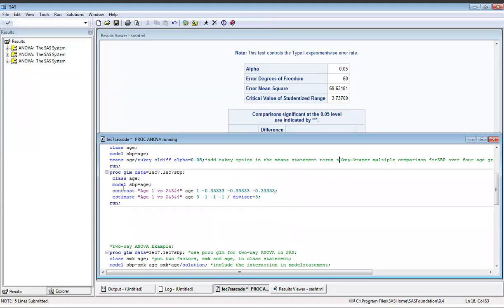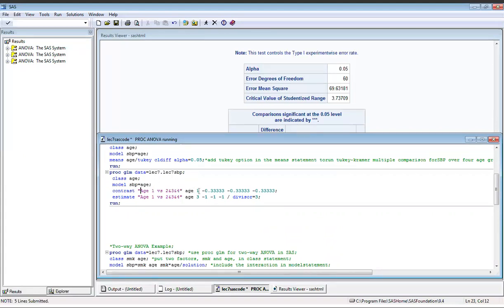And the last one here for one-way ANOVA is we do the contrast. Remember, with a contrast we can compare any function of the group means. So here we want to compare the mean systolic blood pressure for age group 1 versus the average of the means across groups 2, 3, and 4.